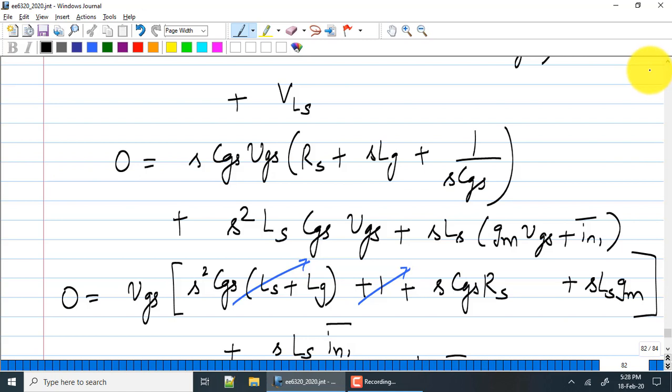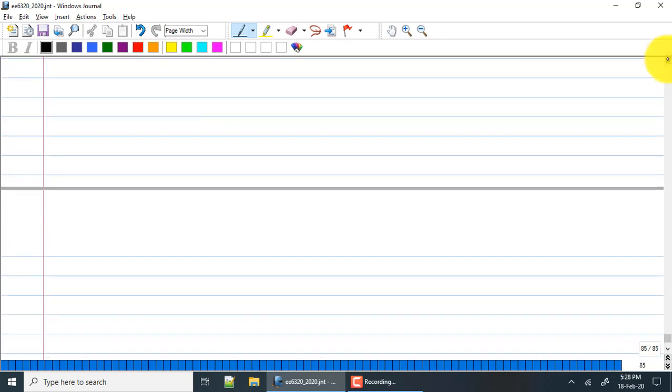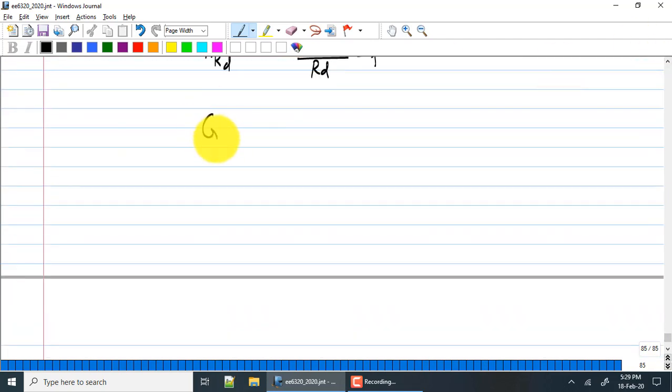You can write the same KVL just for signal alone. So let us quickly do that. So now I want to calculate the GM of the LNA.